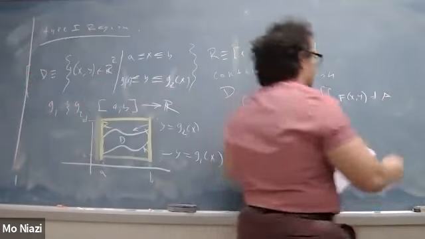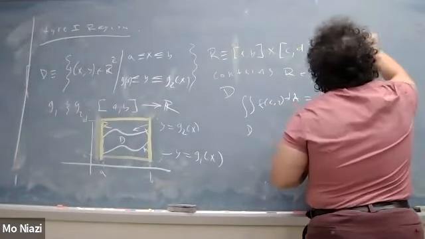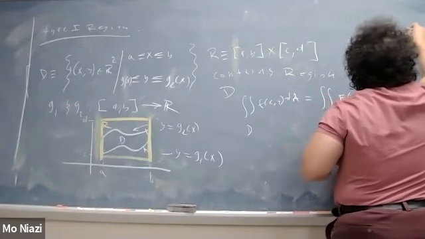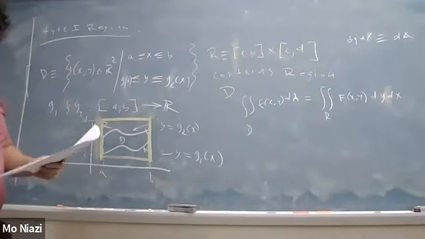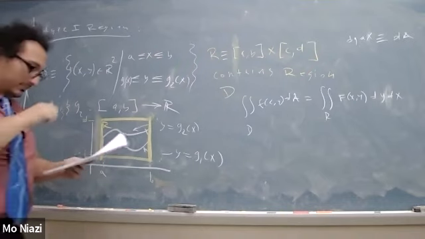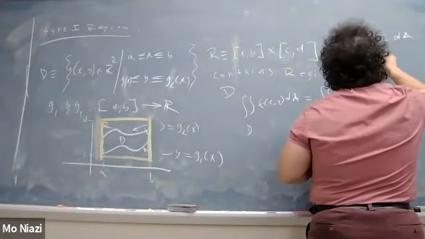And dA is actually the same thing as dy dx, because remember last class, dy dx is defined as an area element. It's a differential piece of area. Remember the piecewise defined function that I deleted.